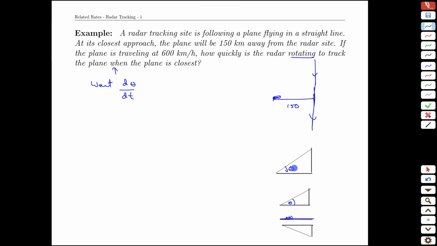So if we take a look at that, and we also look at the speed of the plane, well, let's give this quantity here a value. That'll be y, the distance of the plane, and let's put this on our usual north and east axes here, plane north of the radar station.